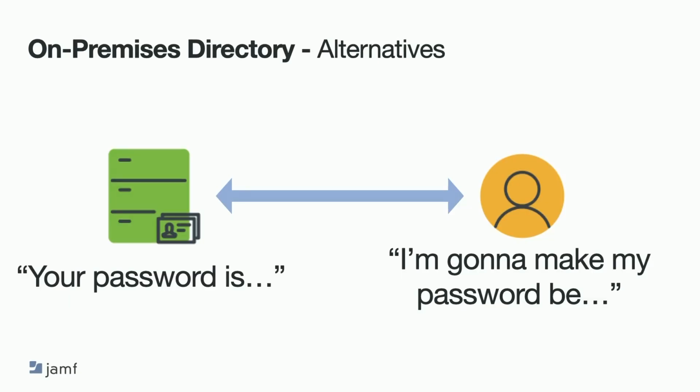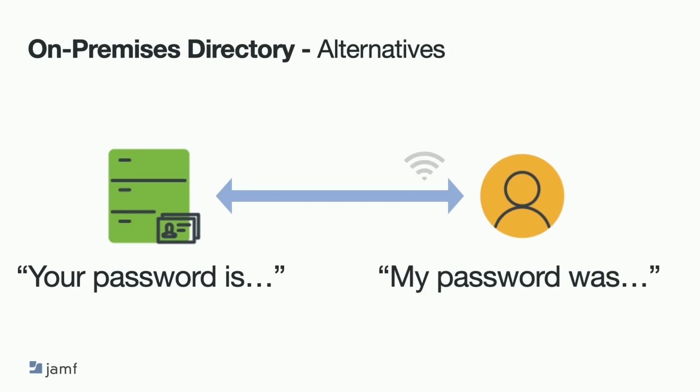it's not a password sync utility as much as it's a password nag utility. So if a user has just decided to go offline or ignore all of the messages saying, hey, your password's out of date, that's fine, because let's say that they lost their network connection, their password is their local password. Even though you've changed it in the directory, their local password still works.